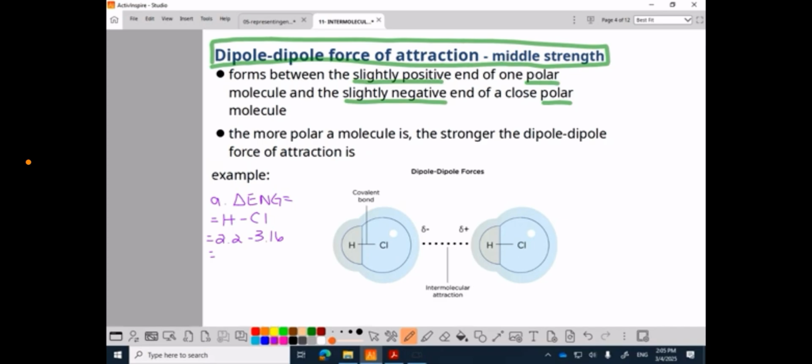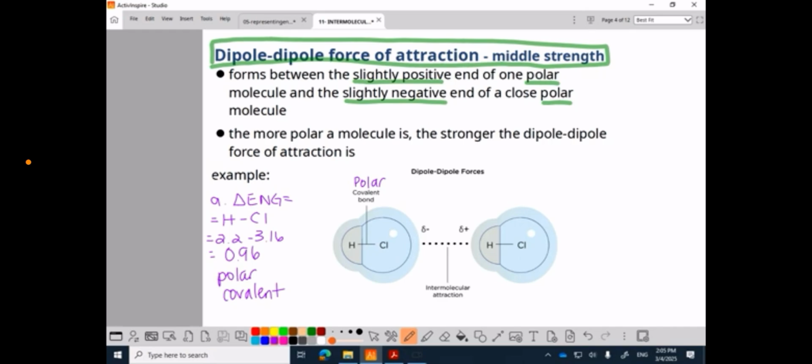The reason I chose this picture for this note, because we've already drawn polar covalent Lewis structures and you know how to do that, is because of the way this is drawn. The hydrogen looks smaller because its negative charge is less. Chlorine has a larger negative charge, and that's the way this picture has been drawn.